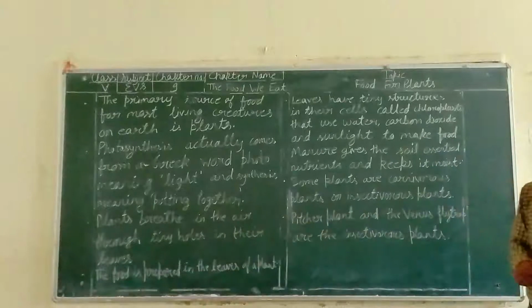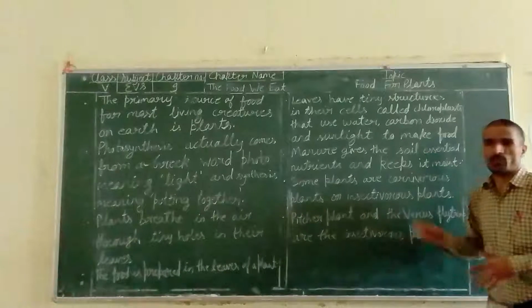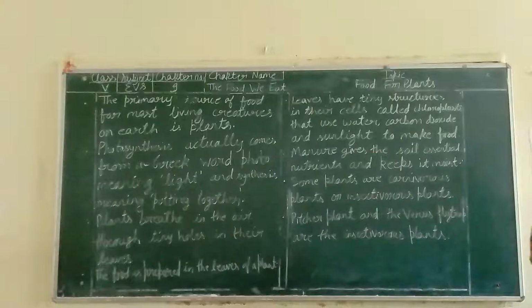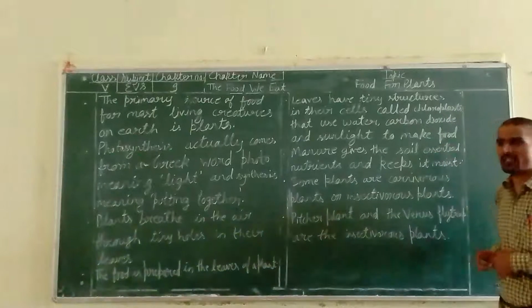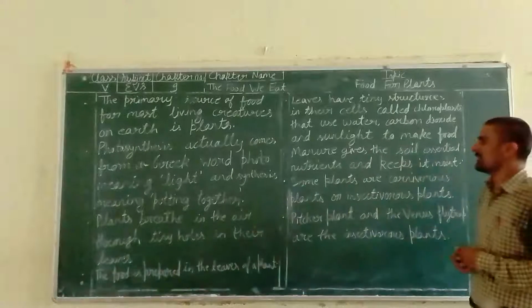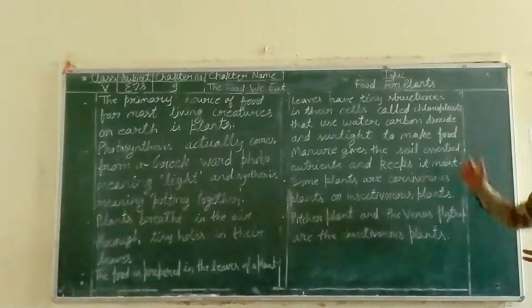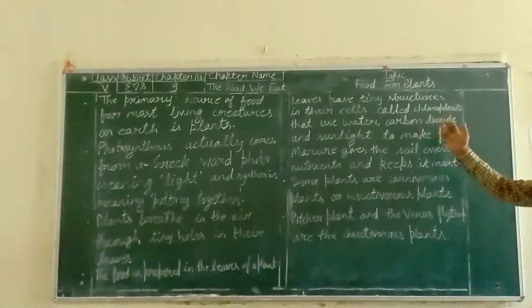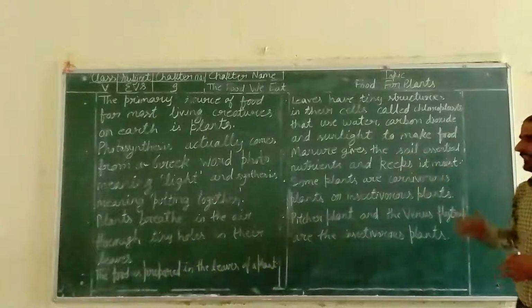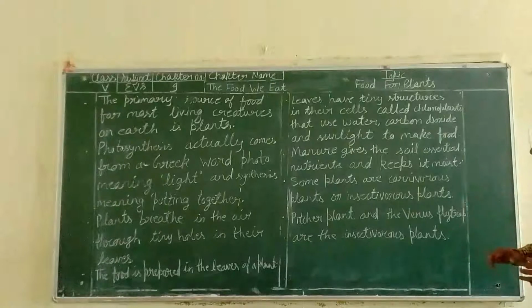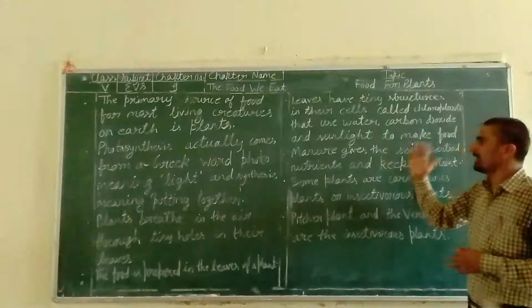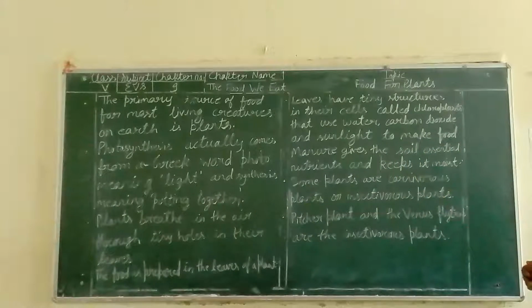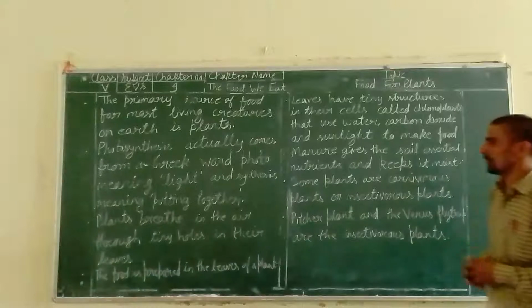I told you that the leaves are where the food is made. In the leaves the chloroplast is present, and the work of the chloroplast is to take sunlight, water, and carbon dioxide, which is mixed in the air. It filters the carbon dioxide from the air and helps the leaves make the food.